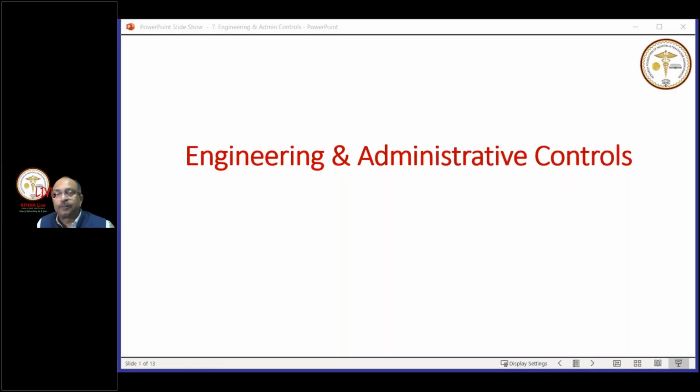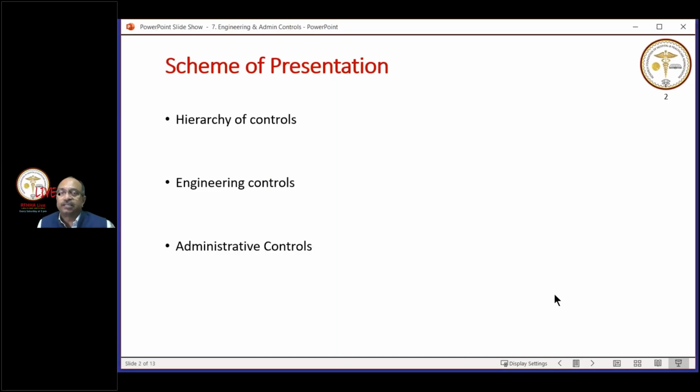Let me start the topic, and the topic is engineering and administrative controls, as I have said earlier too. So the scheme of presentation in today's discussion is, we will see what is the hierarchy of controls. There is a concept called hierarchy of controls, which essentially covers various methods of control when we are trying to manage a particular hazard.